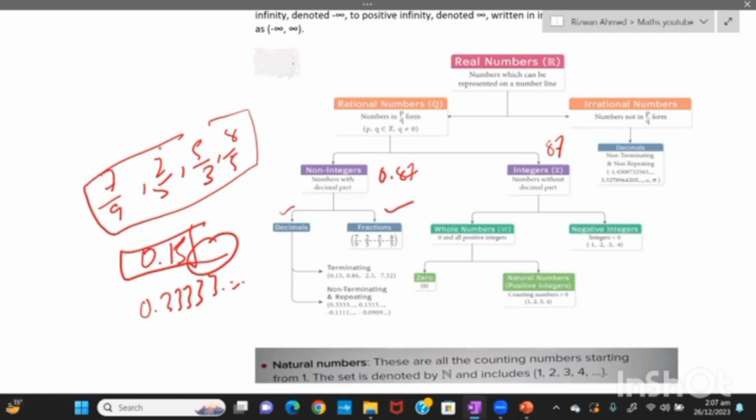Whole numbers are also categorized in two ways: 0 and the natural numbers. Natural numbers start with 1, 2, 3, 4, 5, 6. Basically the whole number is a mixture of both. And the negative numbers might be 0 and negative values as well.